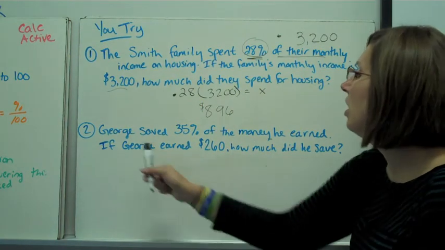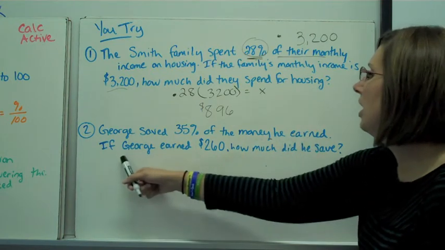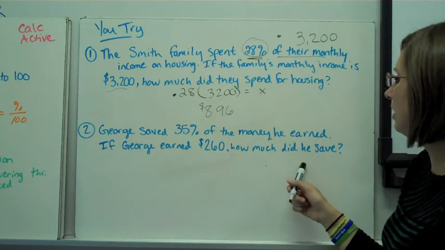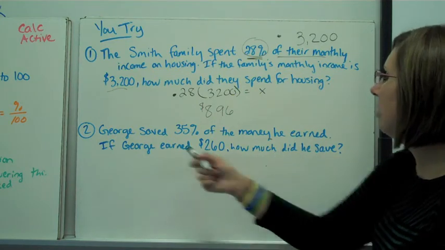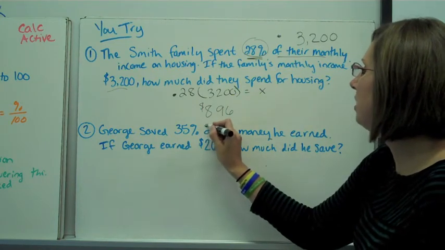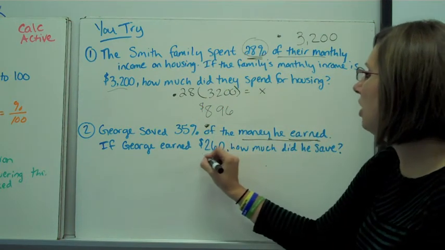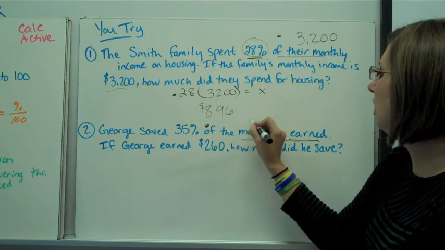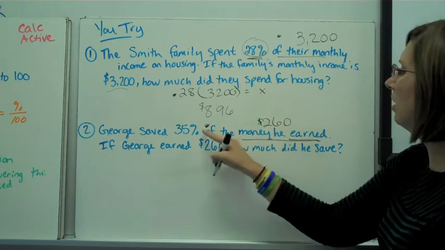Question 2. George saved 35% of the money he earned. If he earned $260, how much did he save? Well, he saved 35% of means times the money he earned. Well, it's telling me he earned $260. Well, that's this amount right here.